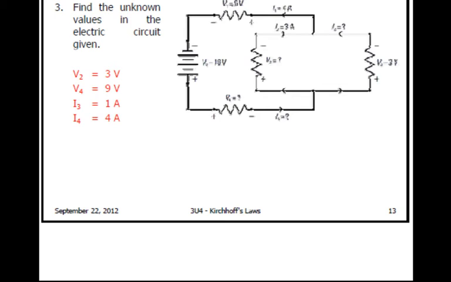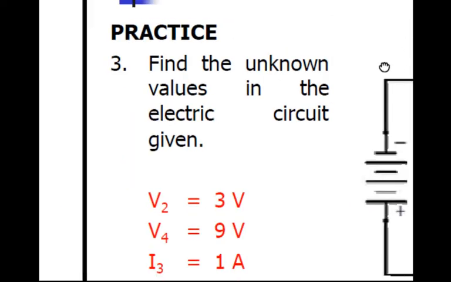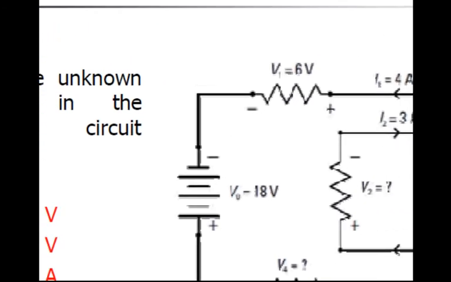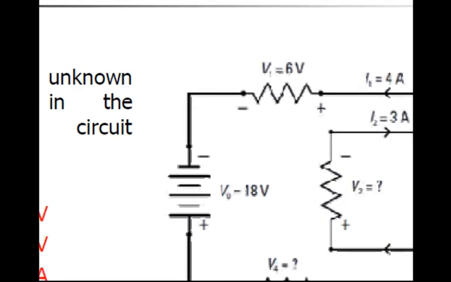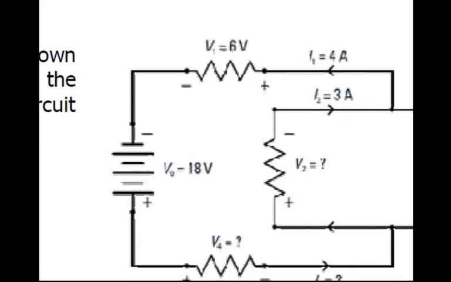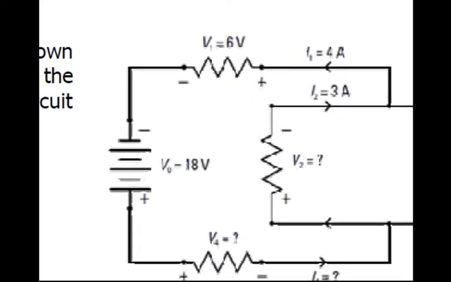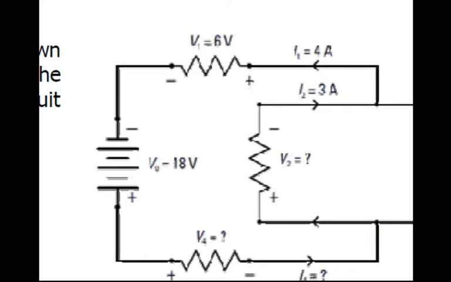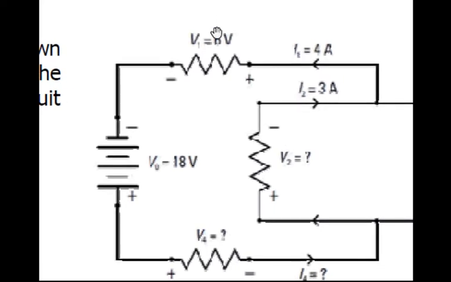Let's start by first looking at the circuit and what we can solve. Let's move it a bit closer in. So this circuit here, what I can see is I have a V1, which is 6. My I1 is 4 at the top here.